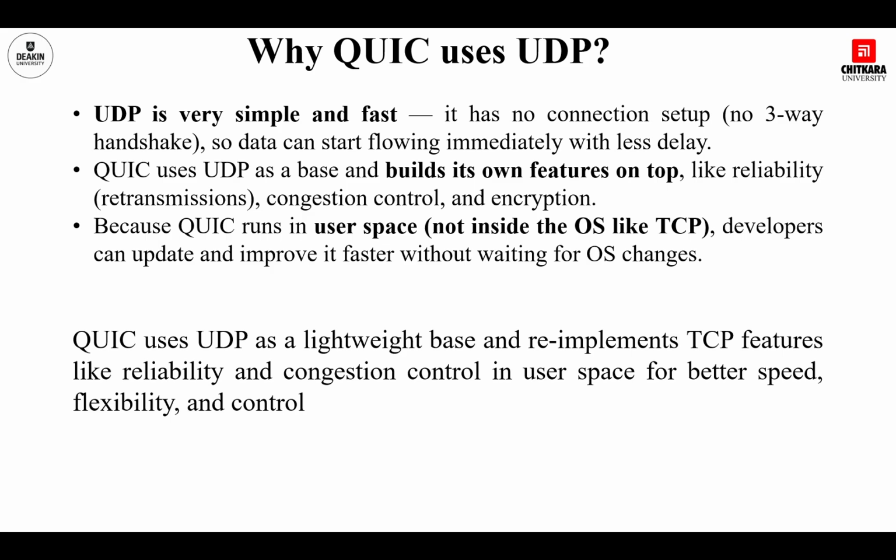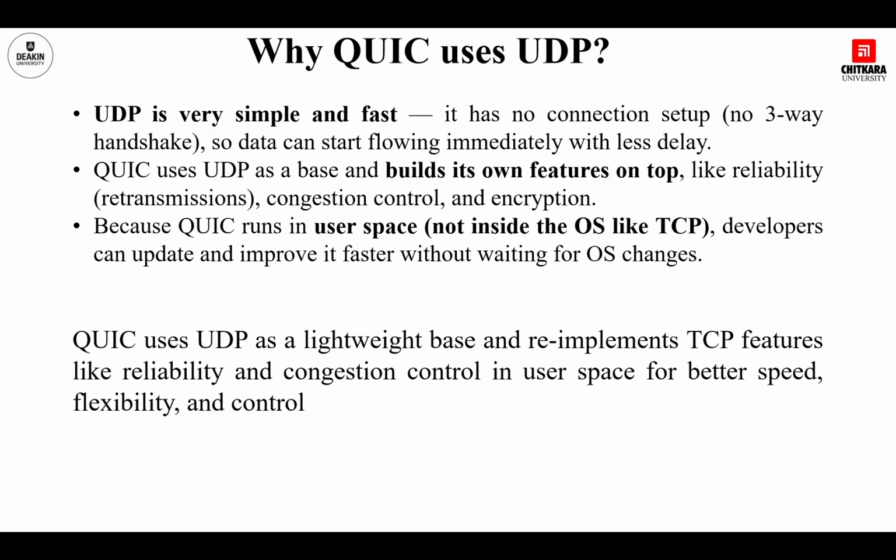QUIC uses UDP as its base, and it builds its own features on top, like reliability for retransmissions, congestion control, and encryption. The QUIC protocol runs in user space, not inside the OS like TCP.